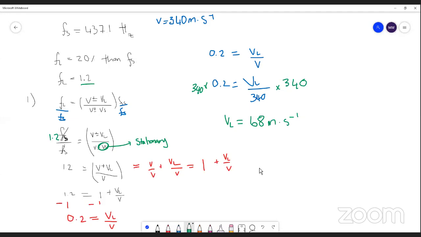So yeah, this one was a bit of a tricky one. The English might get you if you're not a native English speaker, like if that's not your first home language. So what you were supposed to see is that 20% higher means that this over here is 1.2. Now this is important. Let's say they said it was less, then your FL would change to 0.8.